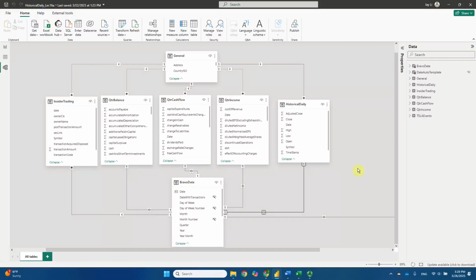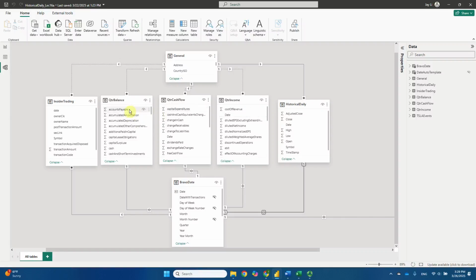Let's consider a slightly more complicated situation. Instead of just one stock, let's assume all those tables contain two stocks. We have Apple's income statement from 2020 to 2024, as well as Tesla's income statement from 2020 to 2024.